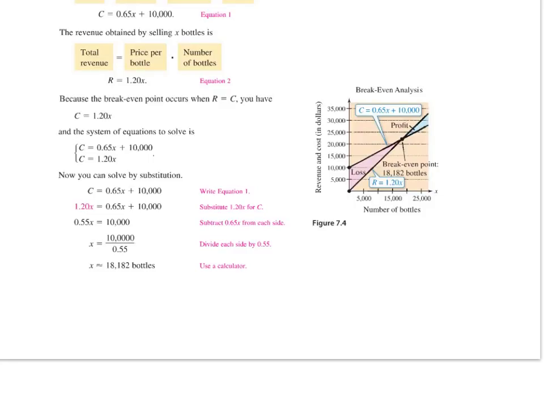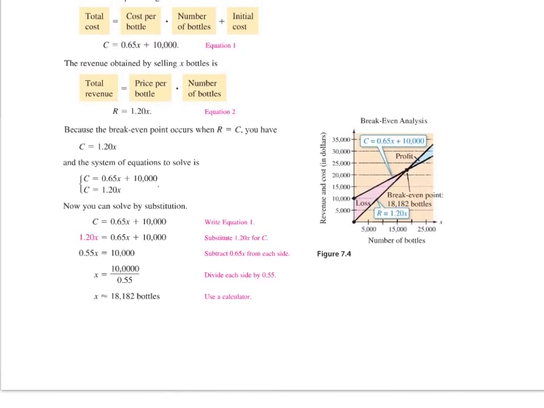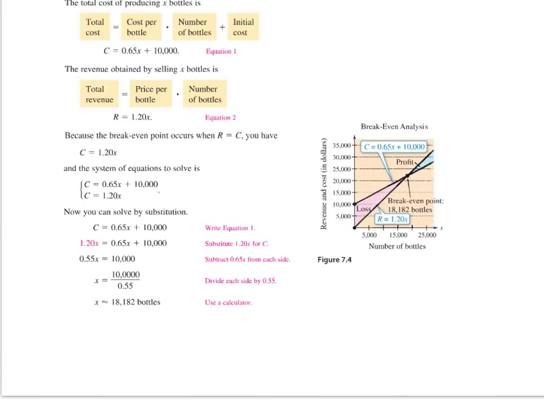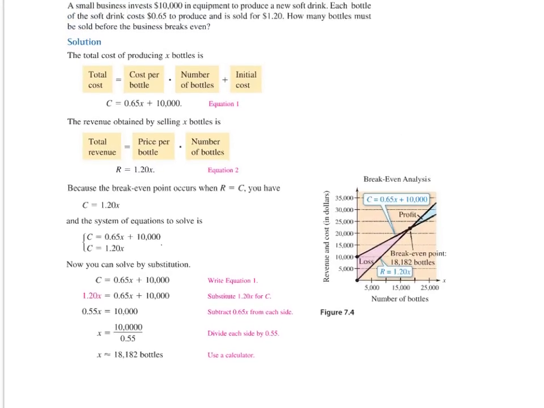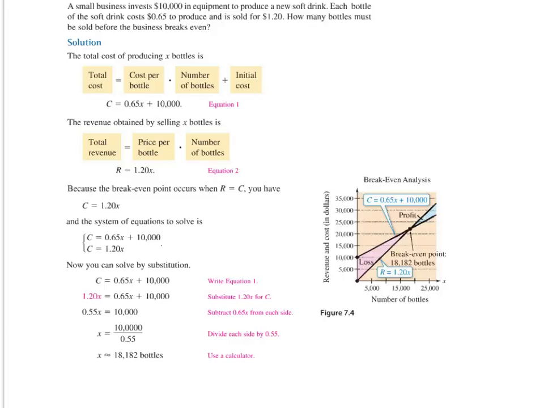They figured out that if you sell 18,182 bottles, that's where the break-even point is, basically where you stop having costs and instead you're just making straight revenue. So that's just a visual for you right here, and then you also have the actual math right next to it.